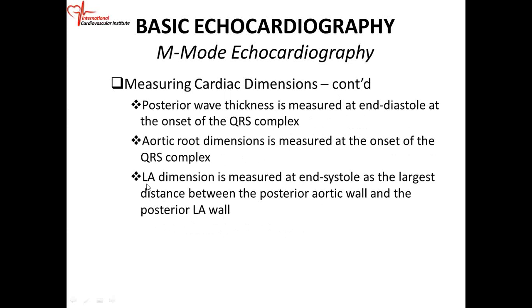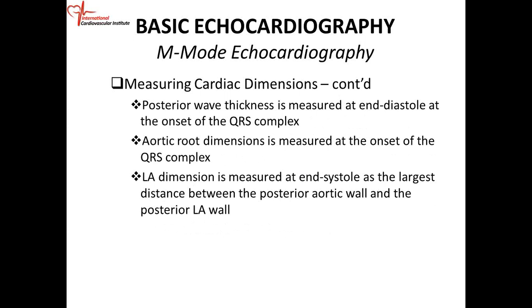The left atrial dimension is measured at end systole, as the largest distance between the posterior aortic wall and the posterior left atrial wall. So you find out where you have the maximum dimension, and you just measure that.